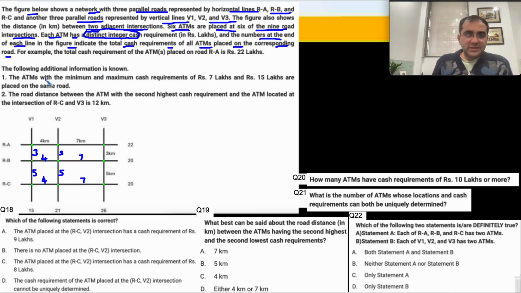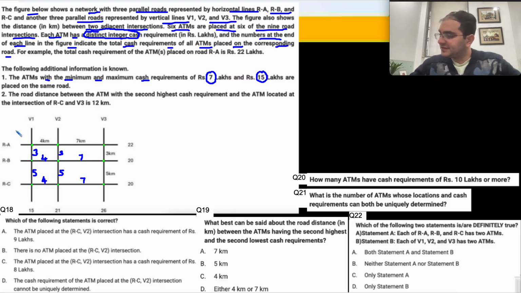The ATMs with the minimum and maximum cash requirements: minimum is 7, maximum is 15. बाकी की 4 वैल्यूज इन दोनों के बीच में आएंगी, 7 and 15 के बीच में.